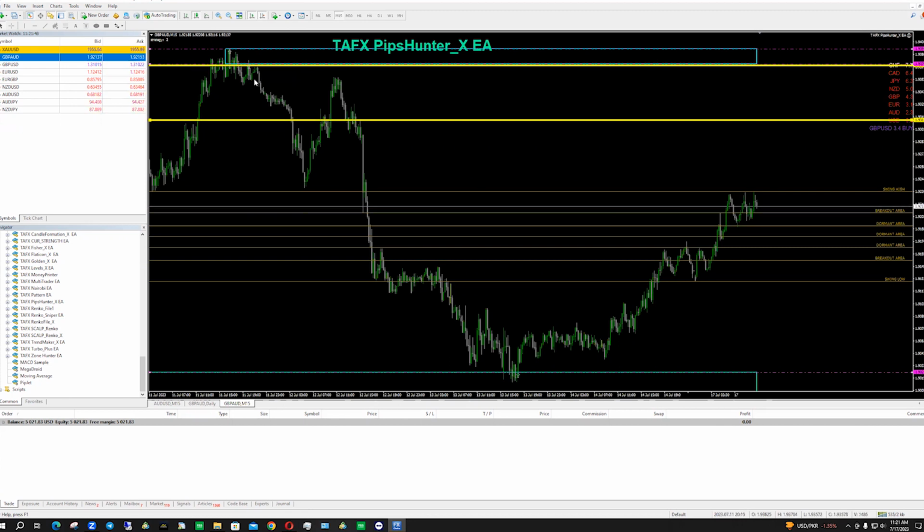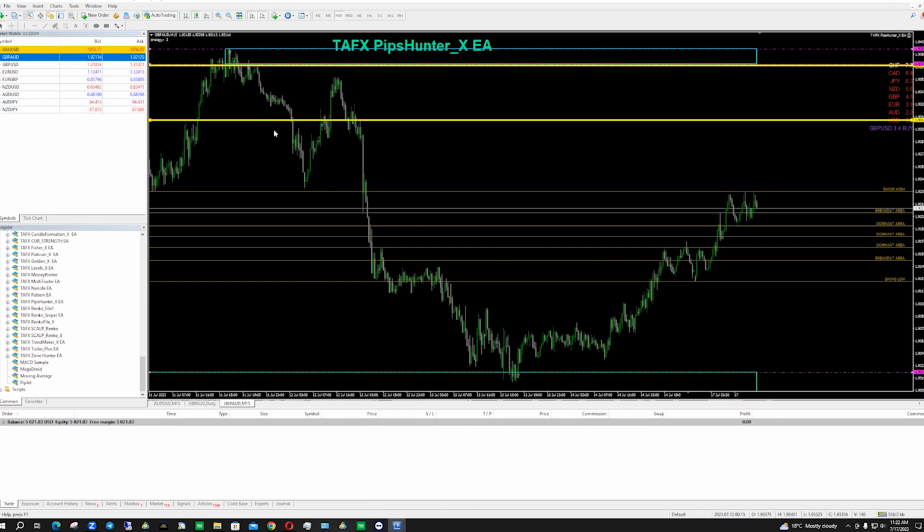So this means even if you lose 2 trades and win 1 trade, you will still be in profit, because you will lose 40 pips, and when it comes to a win, you will win 60 pips.